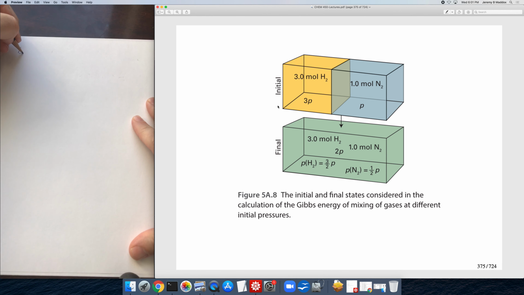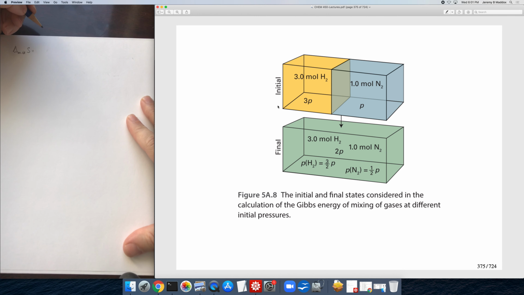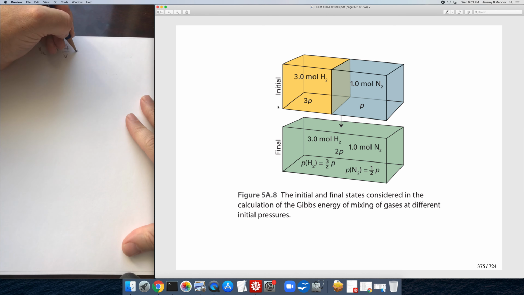So you want to calculate the delta S of mixing. You would need to do the expansion. I guess this would be hydrogen. So this will be the final volume over the initial volume, which I'll just call V, and then do the same thing for the nitrogen.